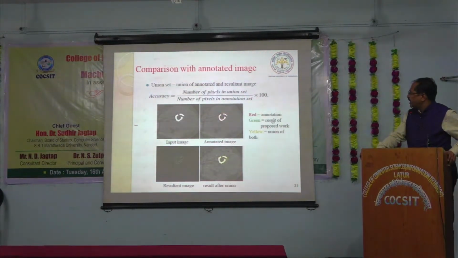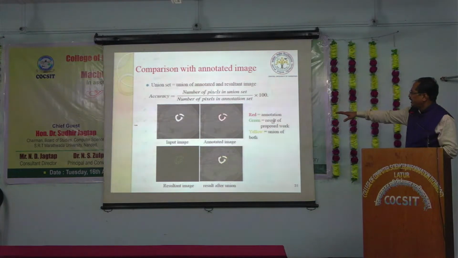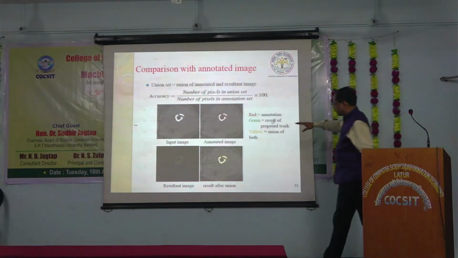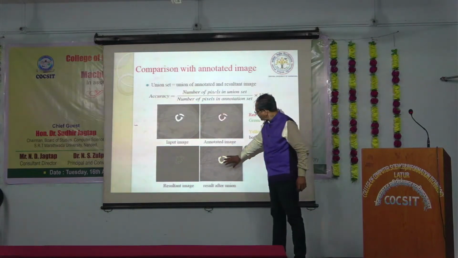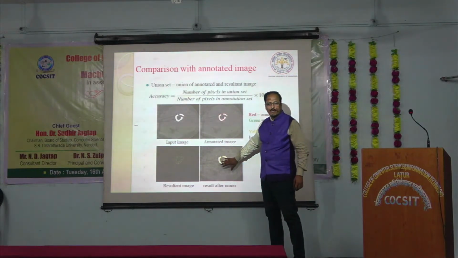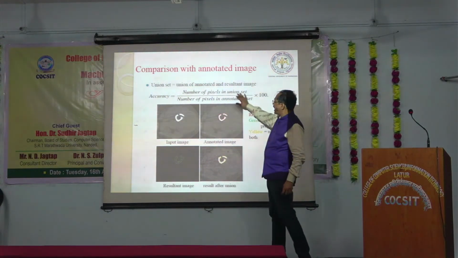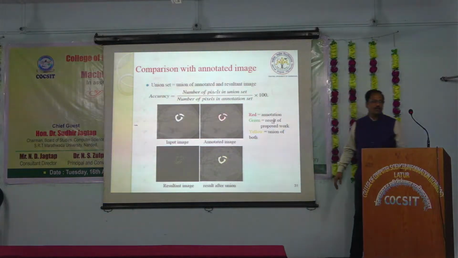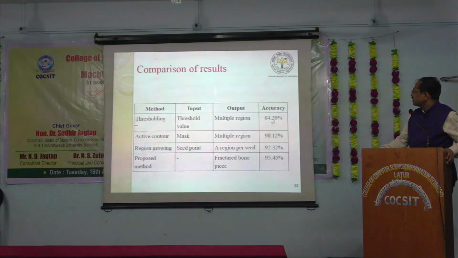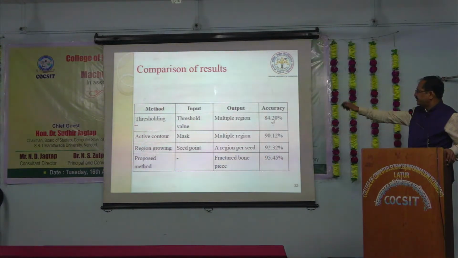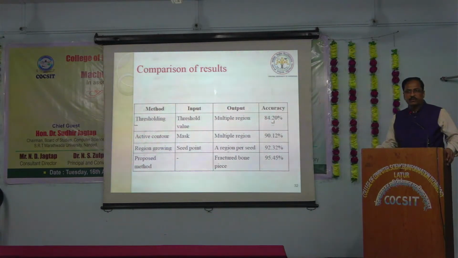Then we compared this with the manual annotation. You can see here the manually annotated image, and this one is produced automatically by our algorithm. Then we found the accuracy of our algorithm. We used different methods for the annotation.